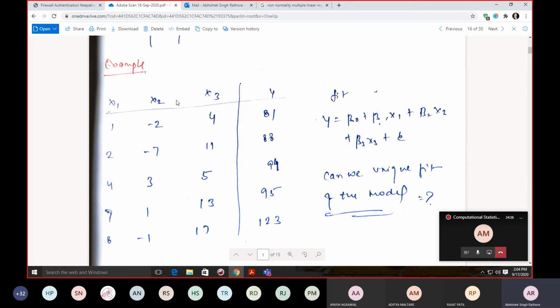So we can say that we are having multicollinearity available in our data.